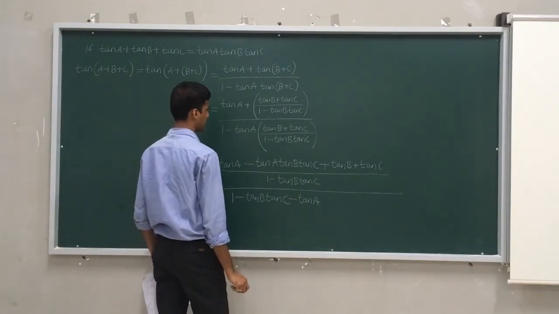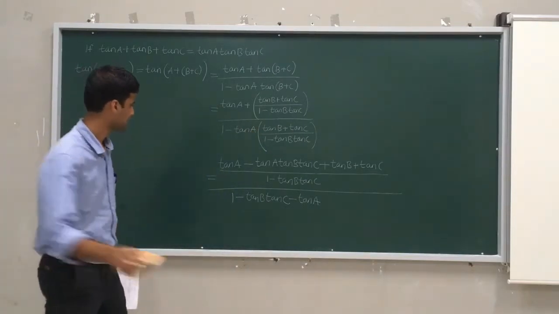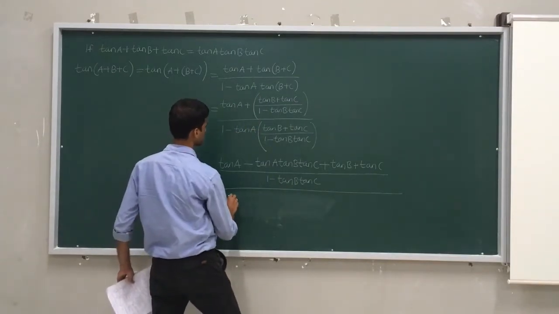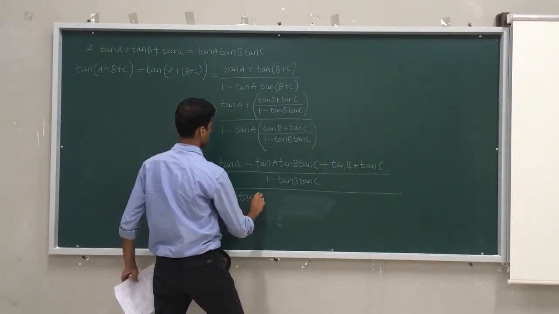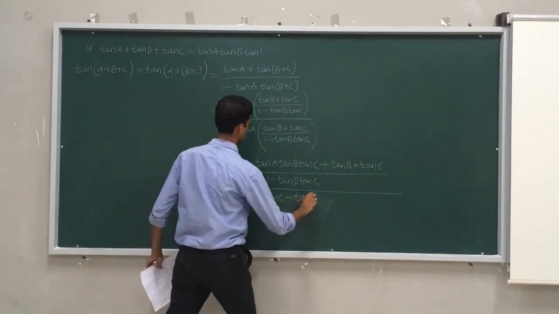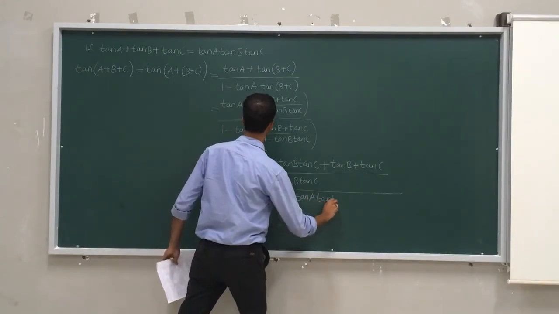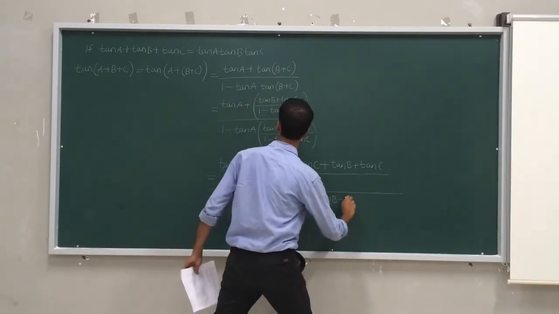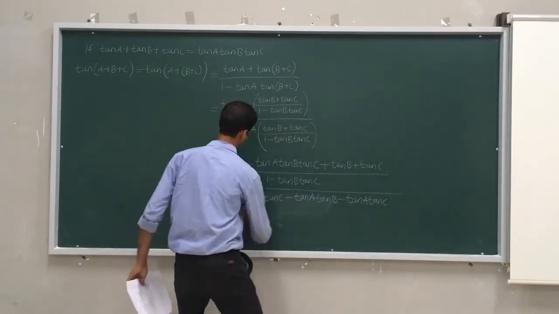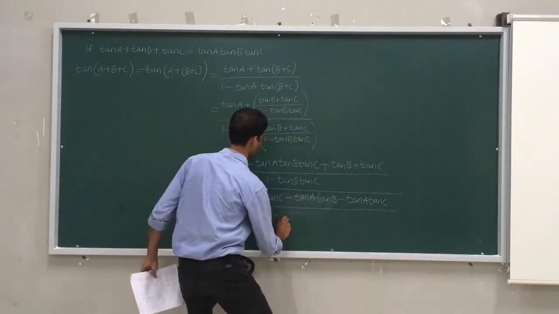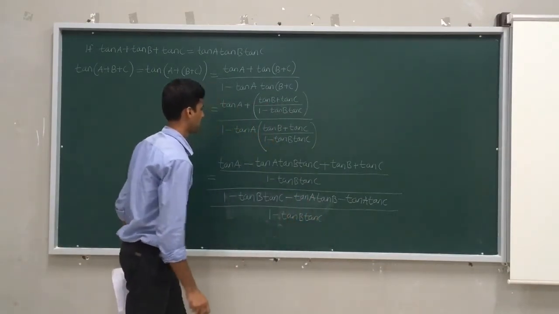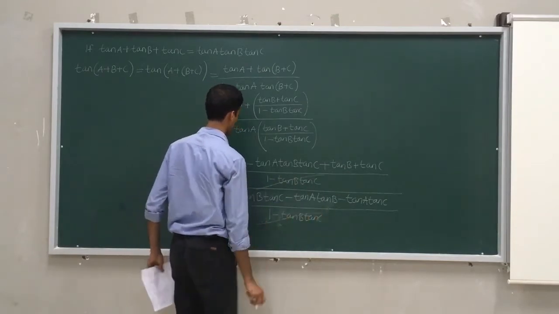So this is the thing, we will simply take the LCM, that is 1 minus tan B tan C minus tan A tan B minus tan A tan C, divided by the LCM 1 minus tan B tan C. We will cancel it, both have the same thing.